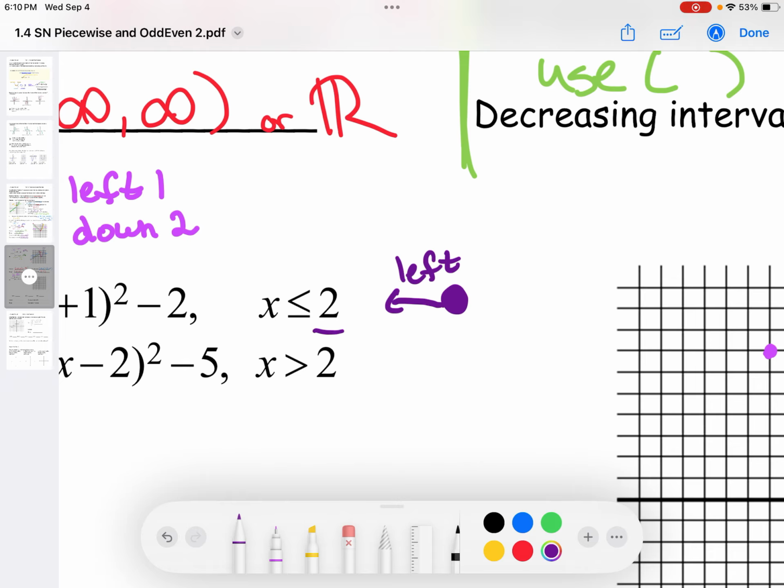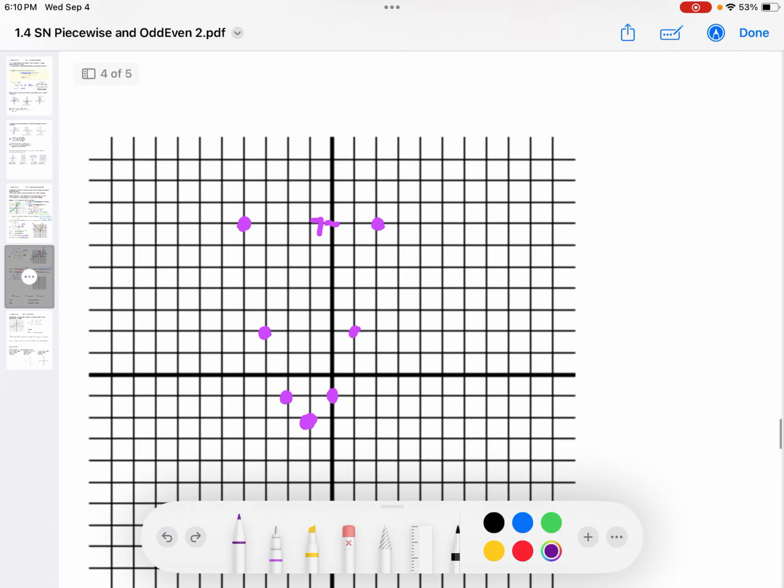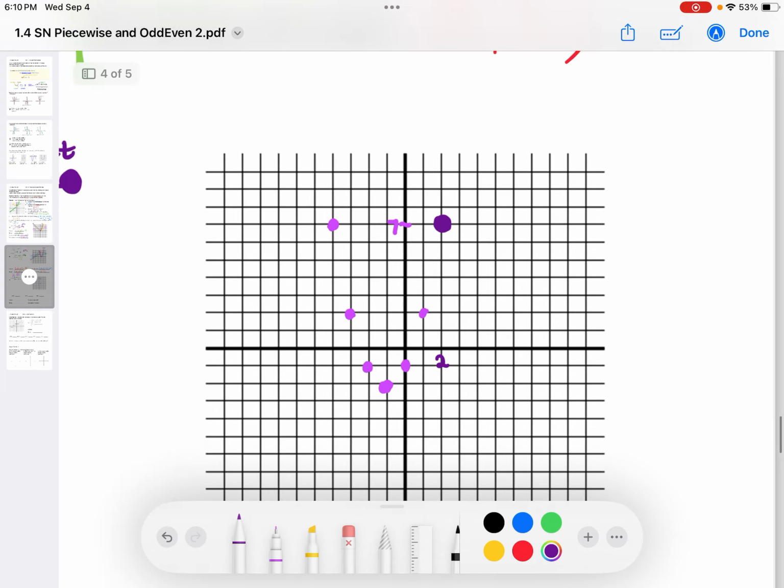So, we need to find where x is 2 on this graph. And where x is 2, that y up here was 7. We follow that to the left. And here is our function, this piece of it.